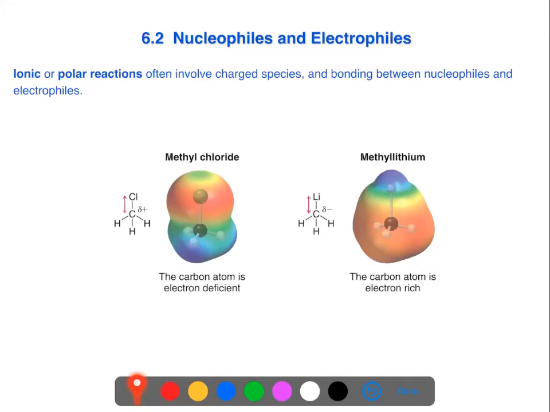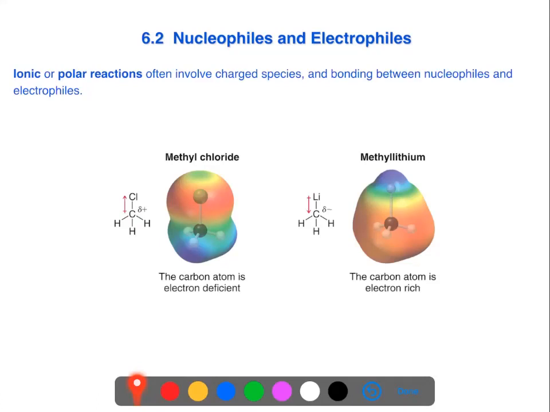So this carbon center within this molecule, we would call that carbon atom electron deficient. Therefore, given the right nucleophile being present, it could be the electrophile in an organic reaction, because it could accept electron density due to its partial positive nature.